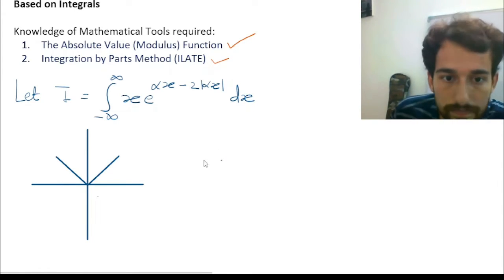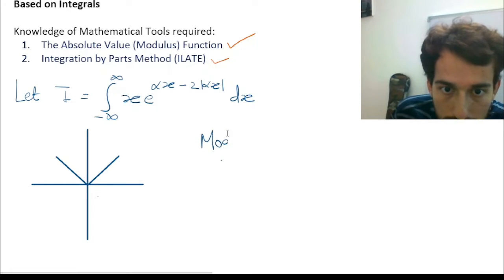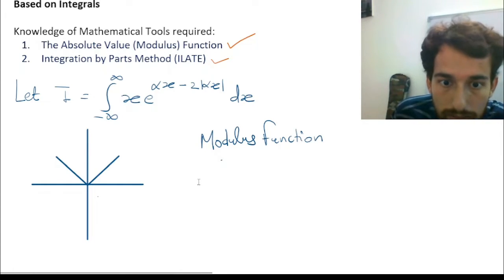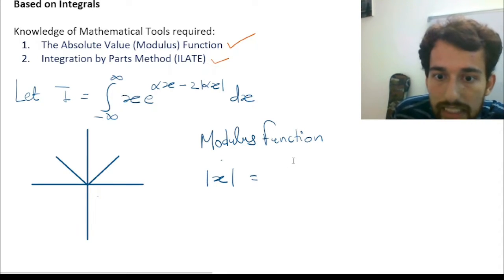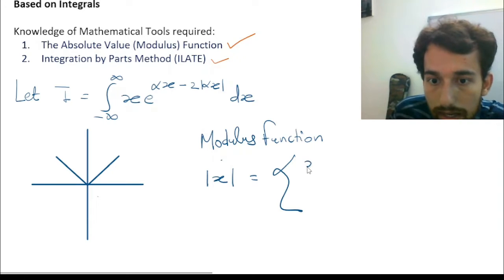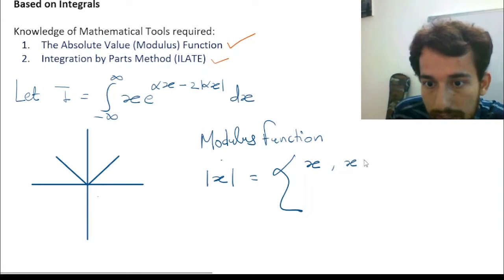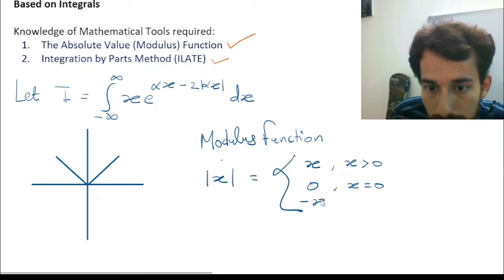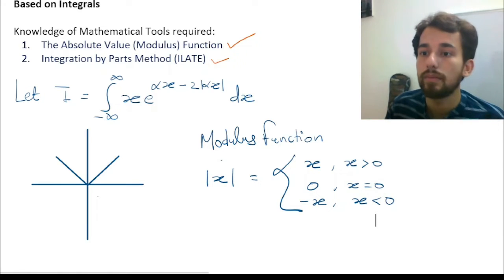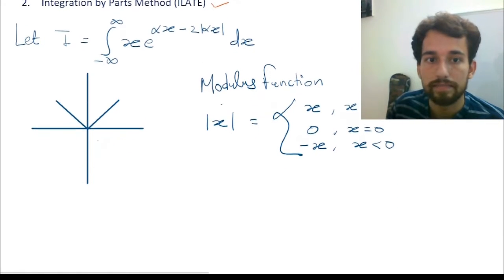The modulus function, denoted by modulus of any real number x, is defined piecewise as x if x is a positive real number, 0 if x is 0, and minus of x if x is negative. This is how the modulus or the absolute value function is defined.